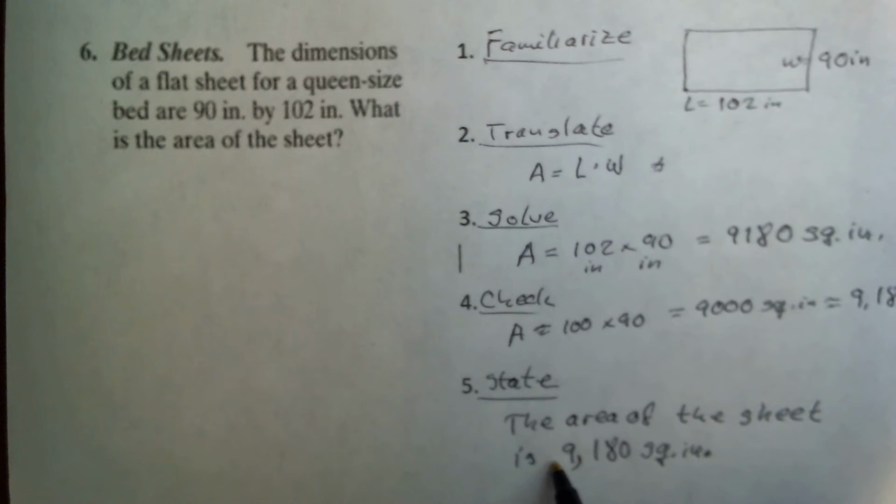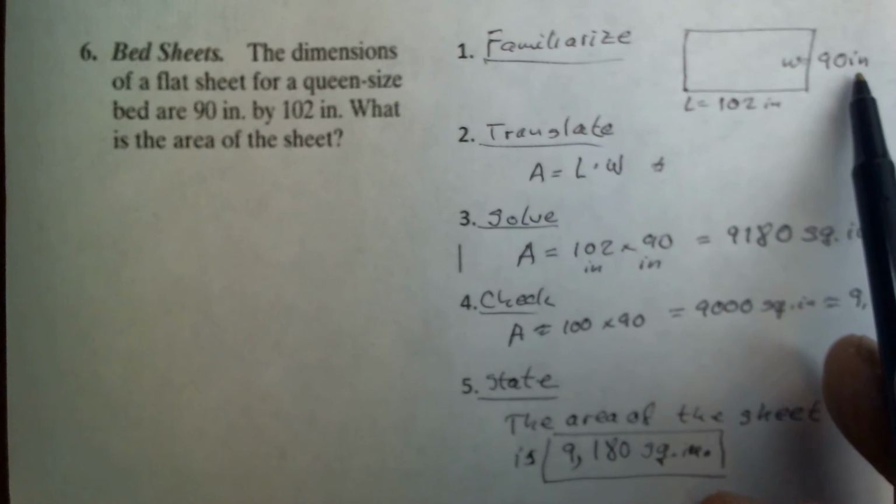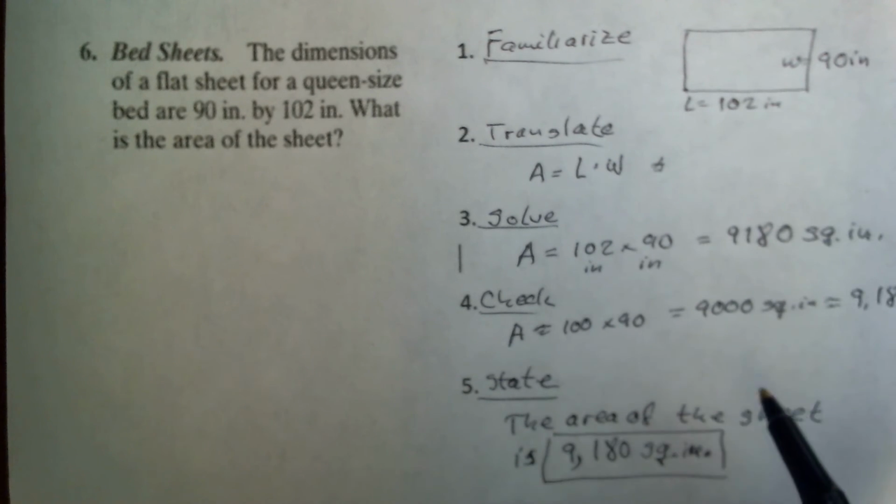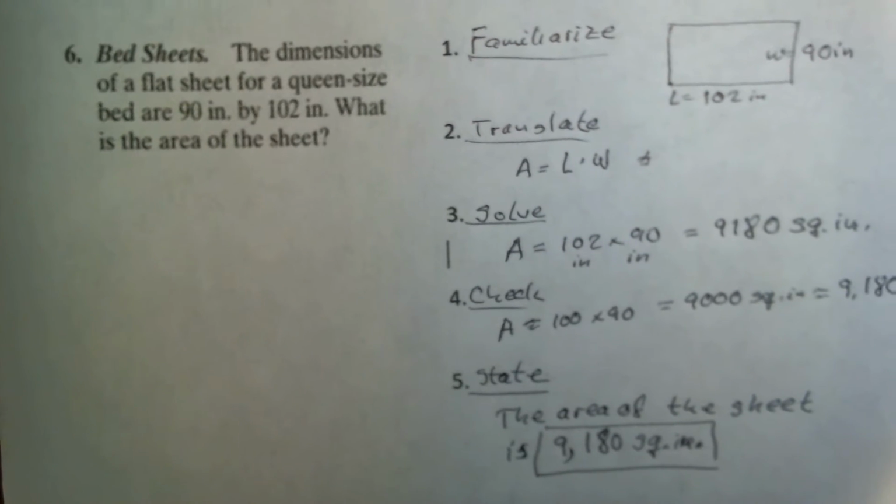Again, the unit is important because a number without a unit of measure in an application like this has no meaning at all, because it could be square centimeters or square meters or square feet. Since we started out with inches and we multiply these numbers, we wind up with square inches. The unit of measure is in many cases just as important as the number itself. Always remember that in application problems.